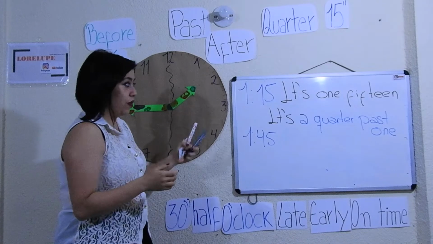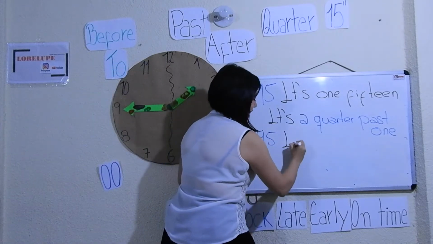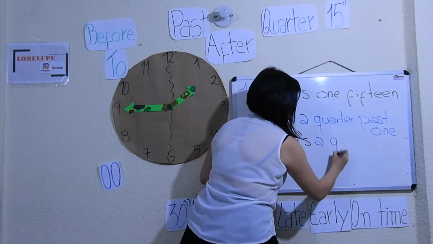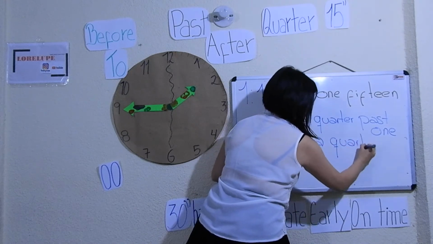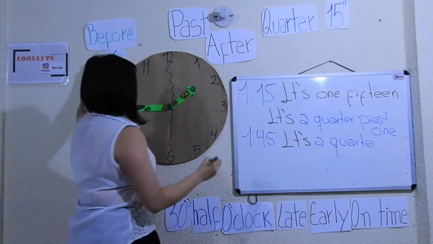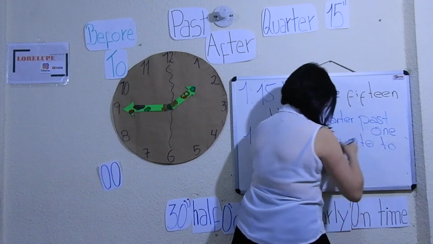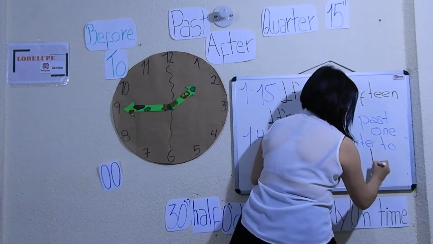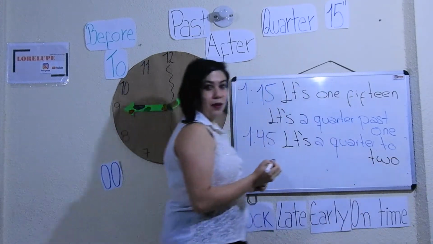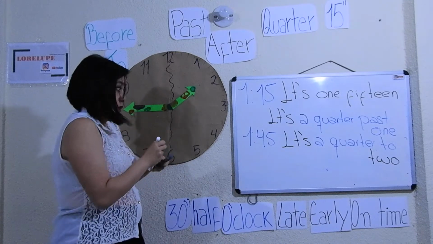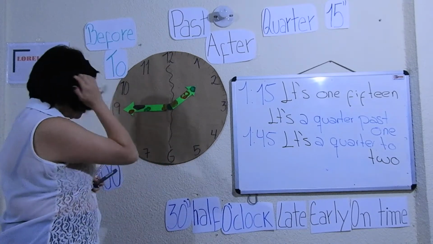So 1:45, or it's a quarter to 2. It's a quarter to 2. Could you see? That's easy. 1:45, or it's a quarter to 2.